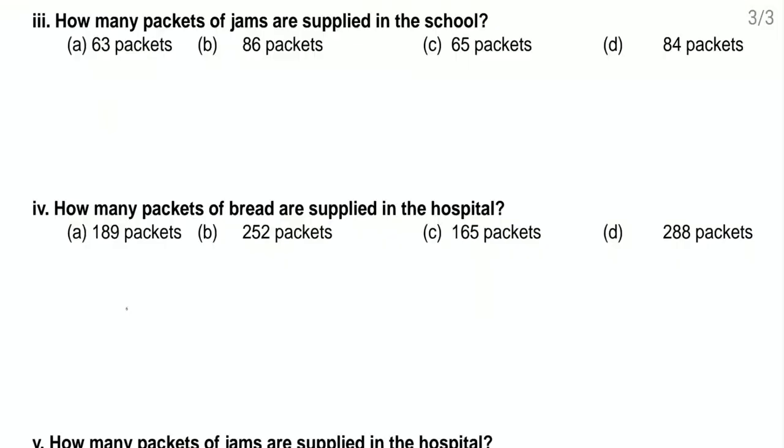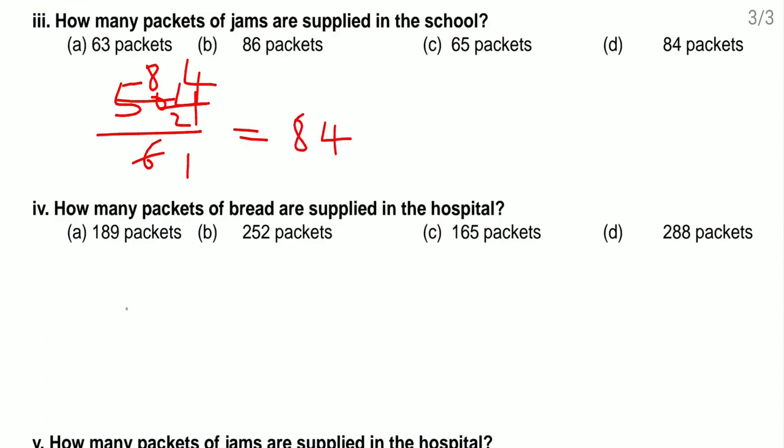How many packets of jam are supplied in the school? 504 students are there and in one packet of jam there are 6 pieces. So I will divide this number by 6. 6 eights are 48, and 6 fours are 24. So 84 packets of jam will be provided. Option D is the correct one.